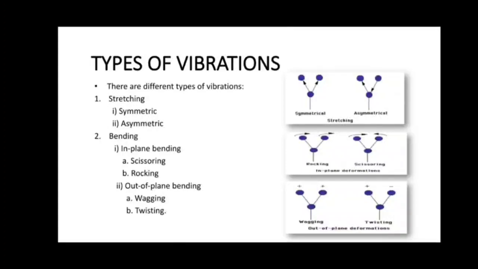Scissoring: two atoms approach each other. Rocking: atoms moving in the same direction. Next is out of plane bending, which involves wagging: two atoms move up and down the plane with respect to the central atom. Next is twisting: one atom moves up the plane while the other atom moves down the plane with respect to the central atom.